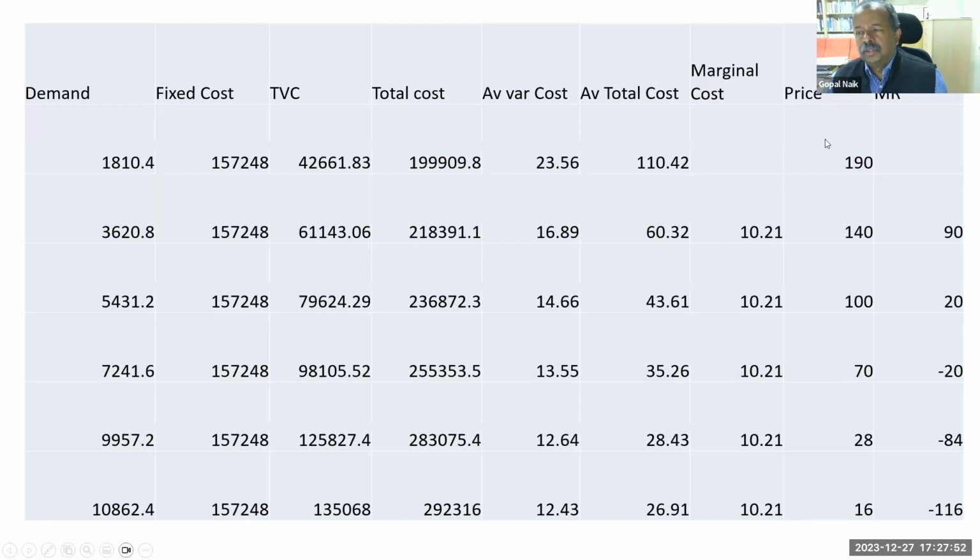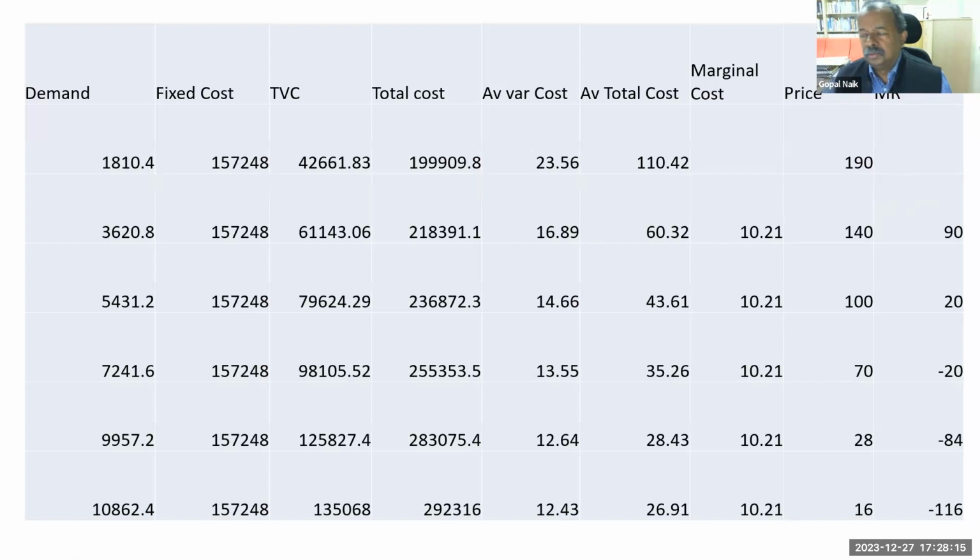Then, of course, one can assume a price in order to get the demand curve. I'll show you that demand curve, and with that, one can also get the marginal revenue. Marginal revenue is essentially the revenue that is generated by selling one more unit of output.